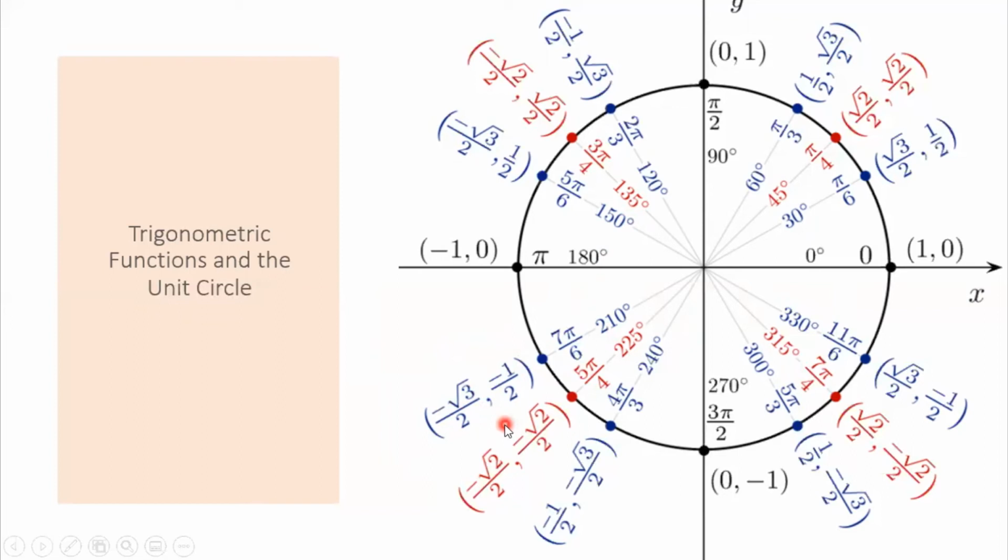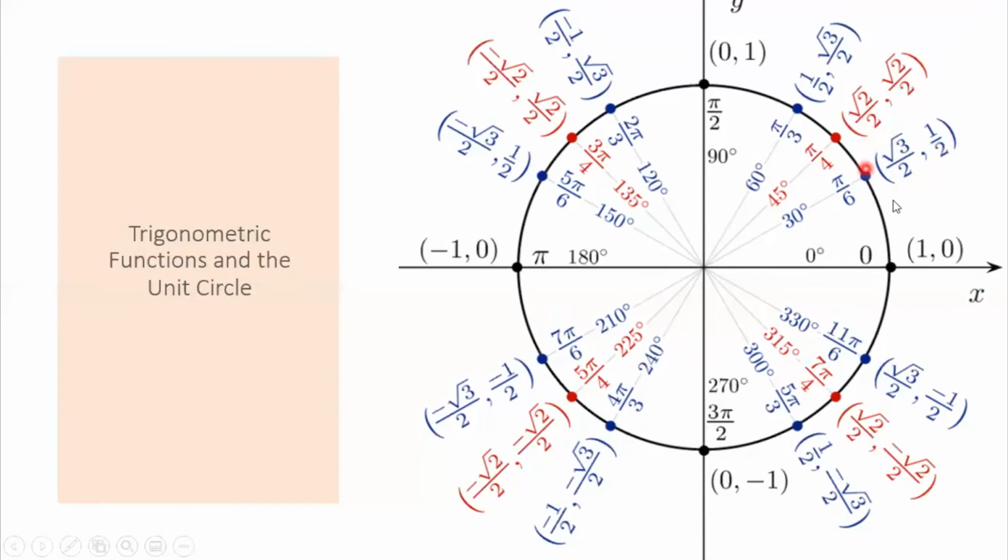Now, notice that the sign of the x and y coordinates of the terminal point depends on its location. For example, if the terminal point lies in the first quadrant, then x and y are both positive. Notice that this terminal point is square root of 3 over 2 and 1/2, right?